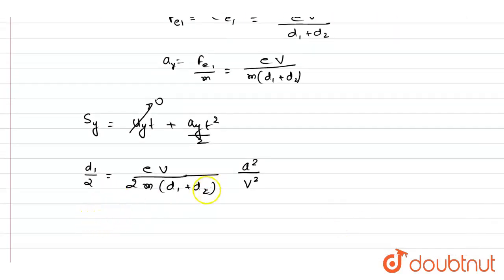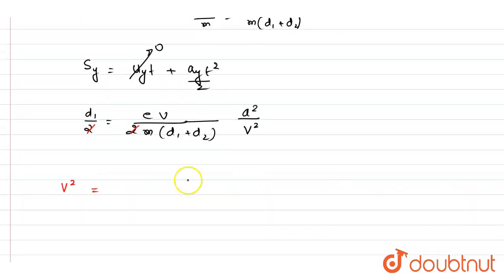We want this v, this 2 can be cancelled out, and v squared is equal to e V a squared by m d1 into d1 plus d2.